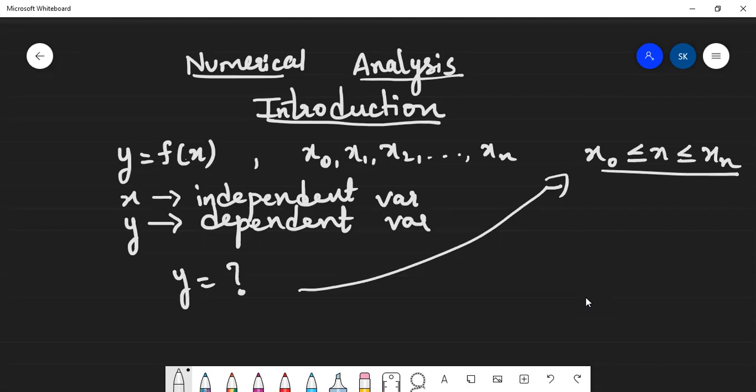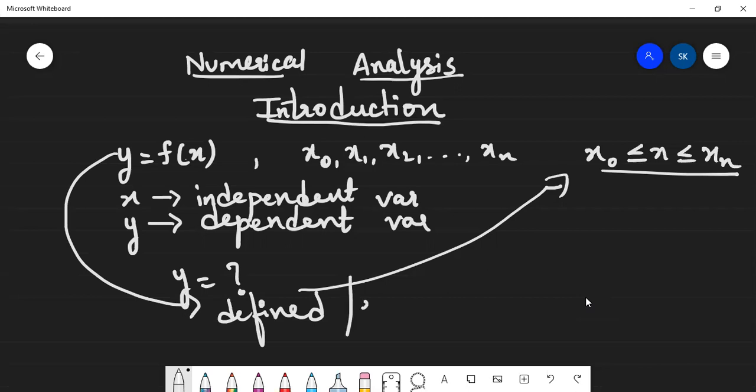If y equal to f of x is defined, definitely we can find it out. Then we can say we know the function explicitly.